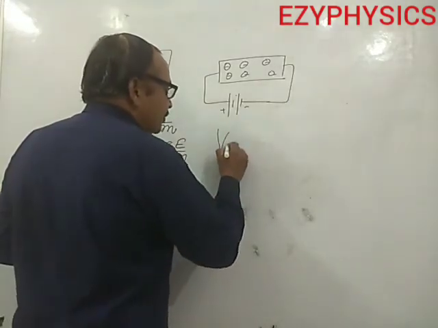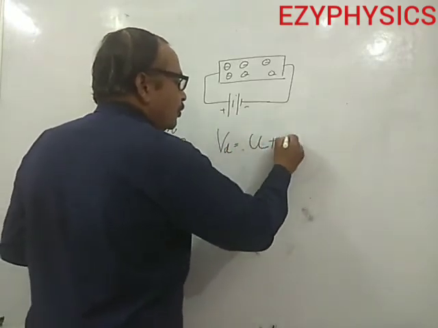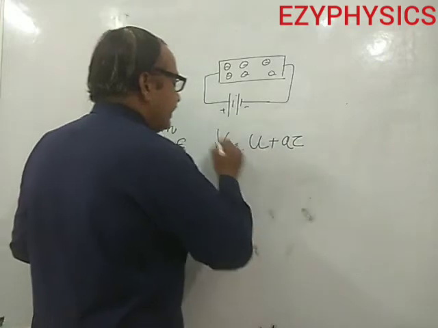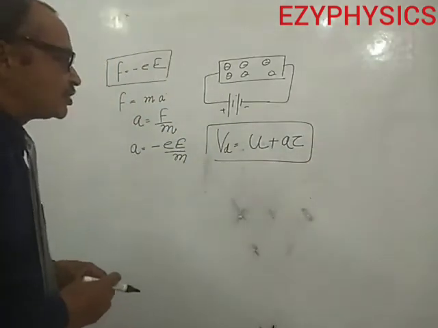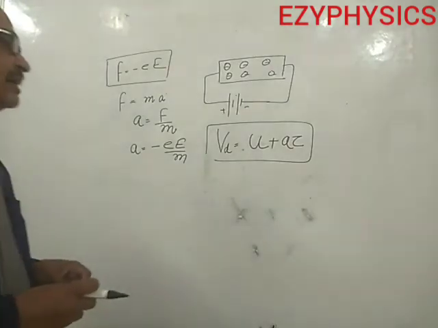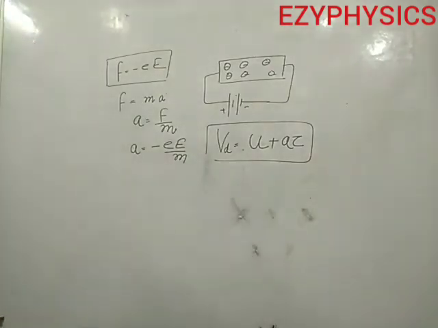That means Vd is equal to U plus A into tau, where U is the thermal velocity, A is the acceleration, and tau is the relaxation time.